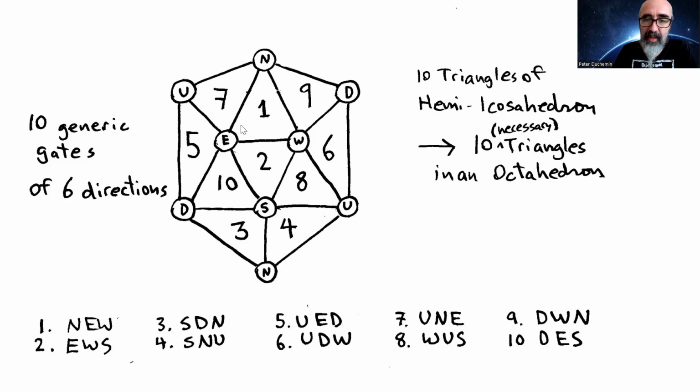So they're inside the triangle. So triangle 1, triangle 2, triangle 3, triangle 4, 5, 6, 7, 8, 9, 10. This isn't entirely arbitrary, but is based on making it aesthetic. So I could have set it up different, but I chose this. And so the gates then become numberable.